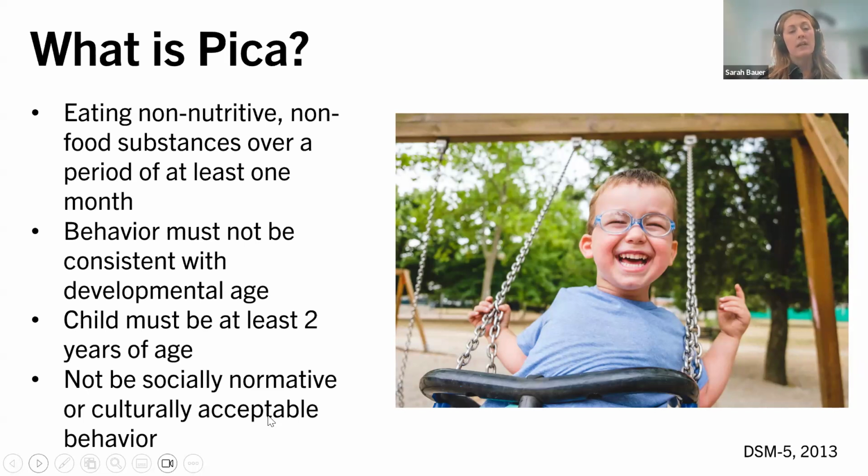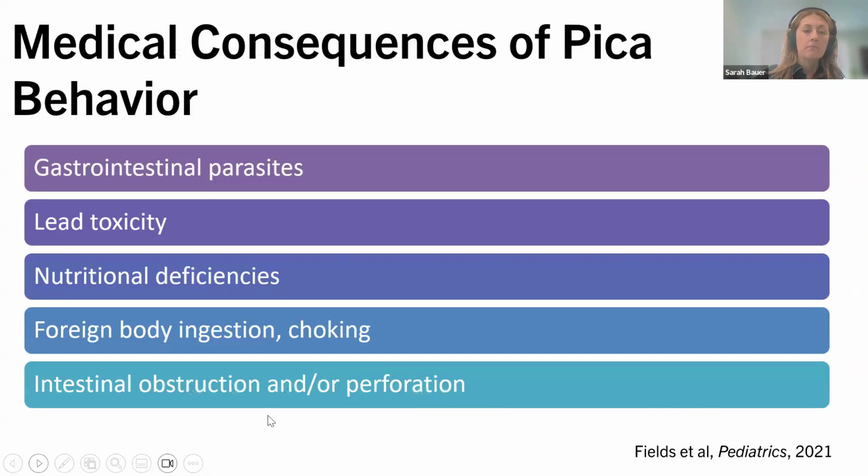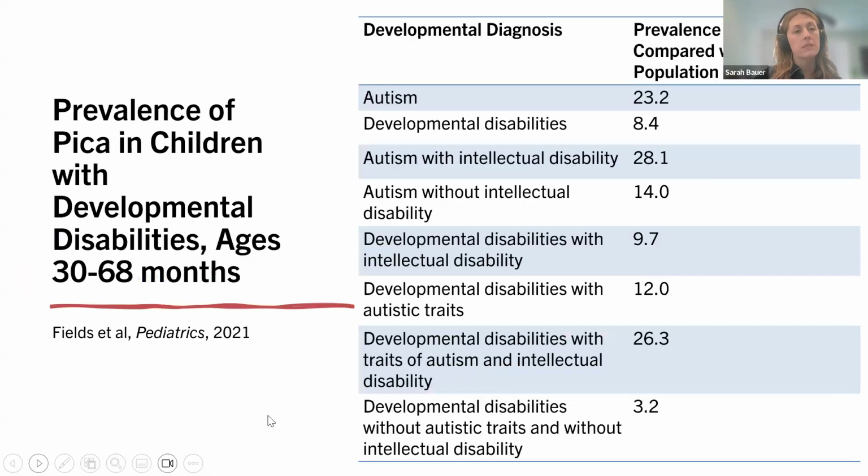Thinking about something that's not necessarily a socially normative or culturally accepted behavior. And all of these consequences I have seen for kids who eat non-food items: gastrointestinal parasites, lead toxicity, nutritional deficiencies. When I see lead toxicity and nutritional deficiencies, they're usually hand in hand. Foreign body ingestion, choking, and also even most severely intestinal obstruction and perforation.